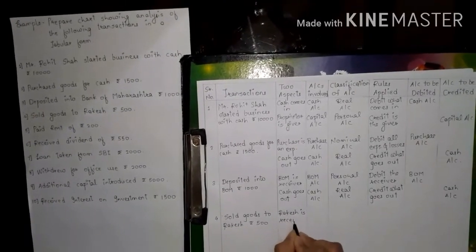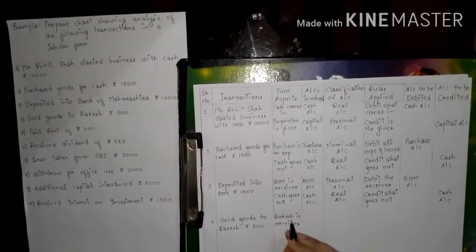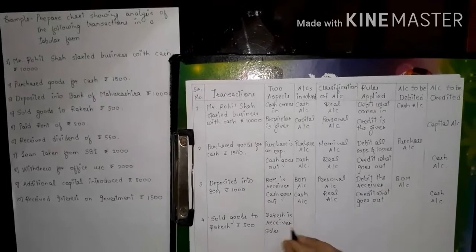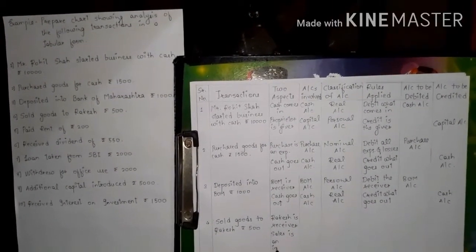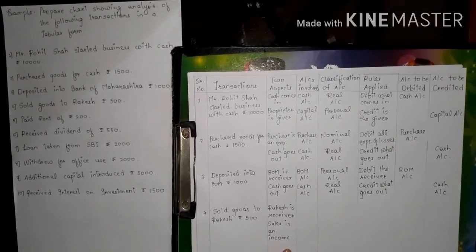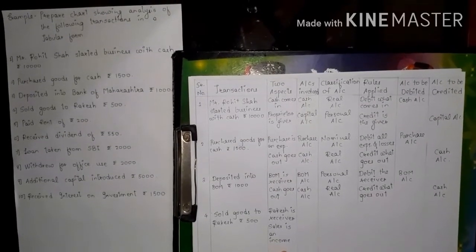Rakesh is receiver, so I am writing here. And sales, as we have sold goods to him, sales is an income. Okay, this is our profit, this is our income. So the second aspect is sale is an income.